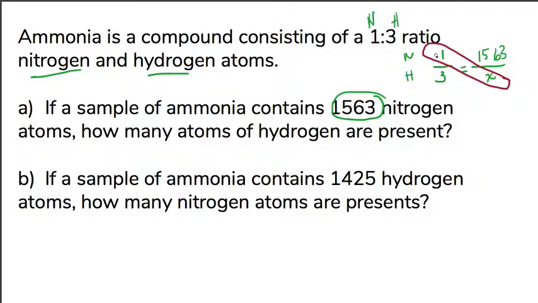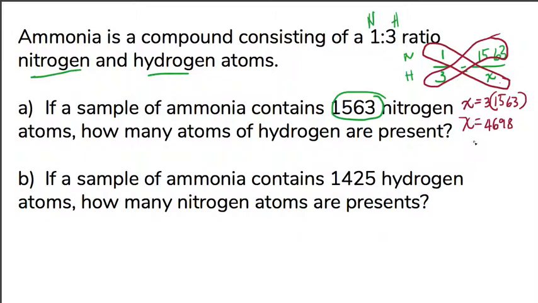So you multiply the numerator by the denominator of the other fraction on the other side of the equal sign, and you multiply, okay, that's supposed to look like an X, but never mind. So this would be 1 times x, that's x is equal to 3 times 1,563. x is equal to 4,689.